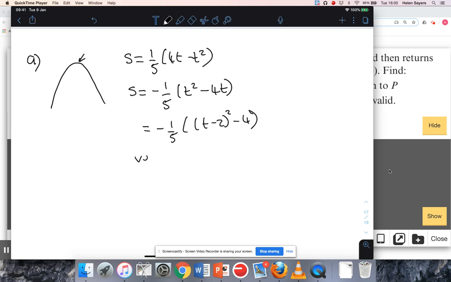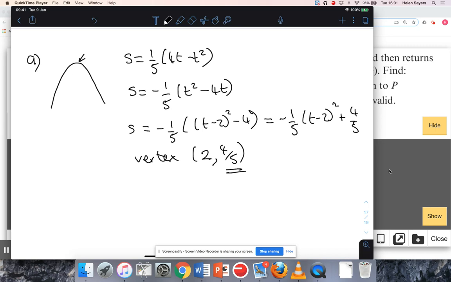So the vertex of that is going to be at 2, and then in fact let's multiply those outer brackets out, so it's minus a fifth, t minus 2 all squared, plus 4/5.